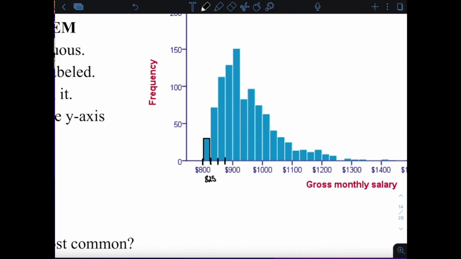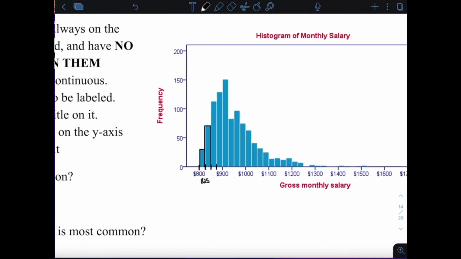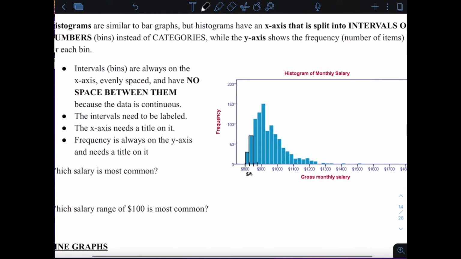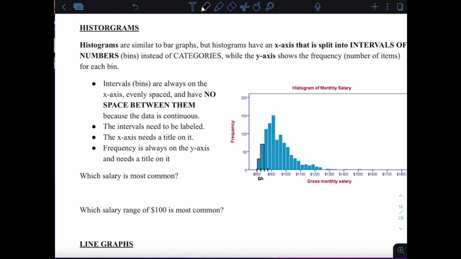So a decision has to be made with what to do when someone earns exactly $825. Does it go into the left rectangle, or would it go into the right rectangle? And that's something you have to figure out on your own, you make that decision when you're graphing your data. Okay, so we can still answer very similar questions, and let's just read through what it says here.